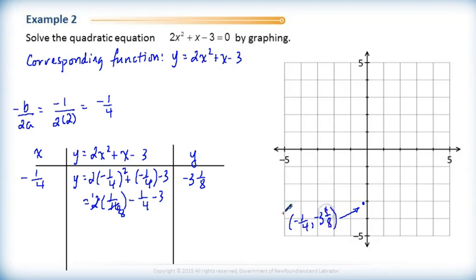Now, next. We'd like to pick some convenient values for x. 0 and 1 wouldn't be too bad. When I put in 0 for my x, that's going to give me my y-intercept, which is negative 3. Put in 1 for the x.